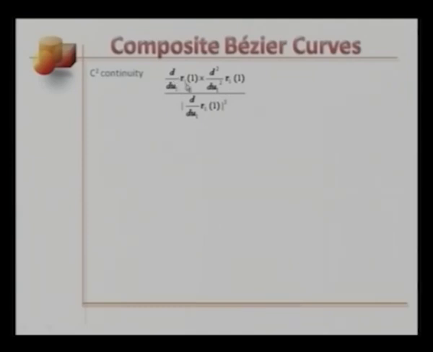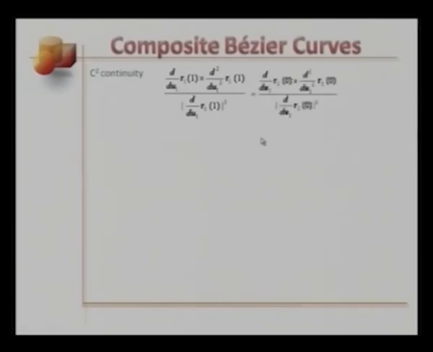The first derivative of R1 evaluated at 1 crossed with the second derivative of R1 evaluated at 1 over the absolute value of the first derivative of R1 at U1 equals 1 raised to 3. This is the expression for curvature at point U1 equals 1 for the first Bezier segment.